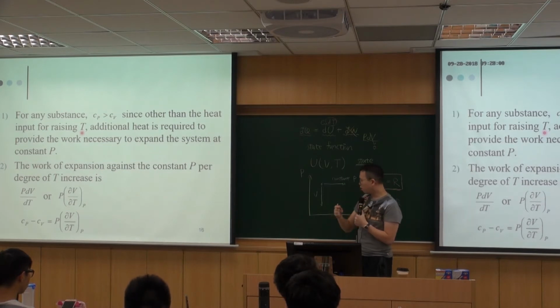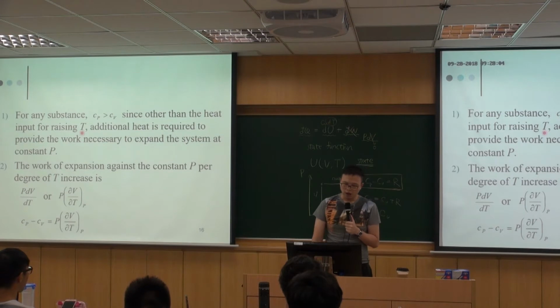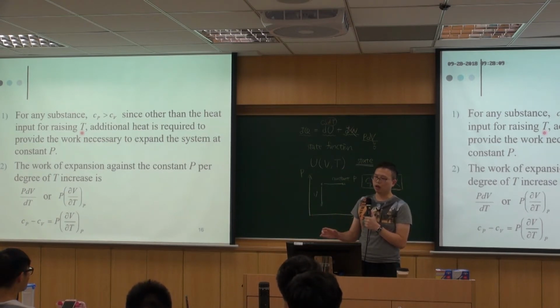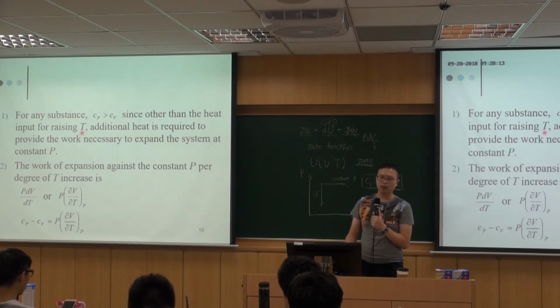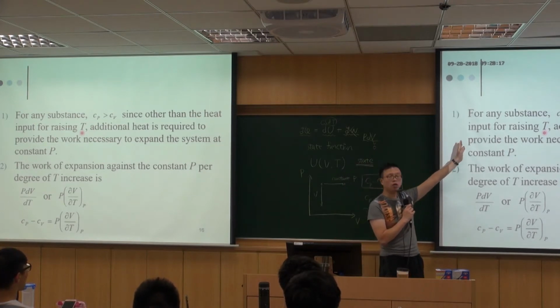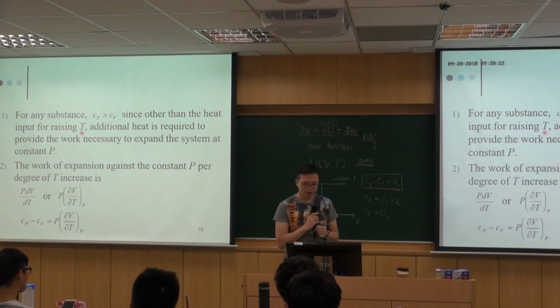So you're doing more work than in the constant volume process. Therefore, Cp is always larger than Cv for any substance, for all kinds of materials.